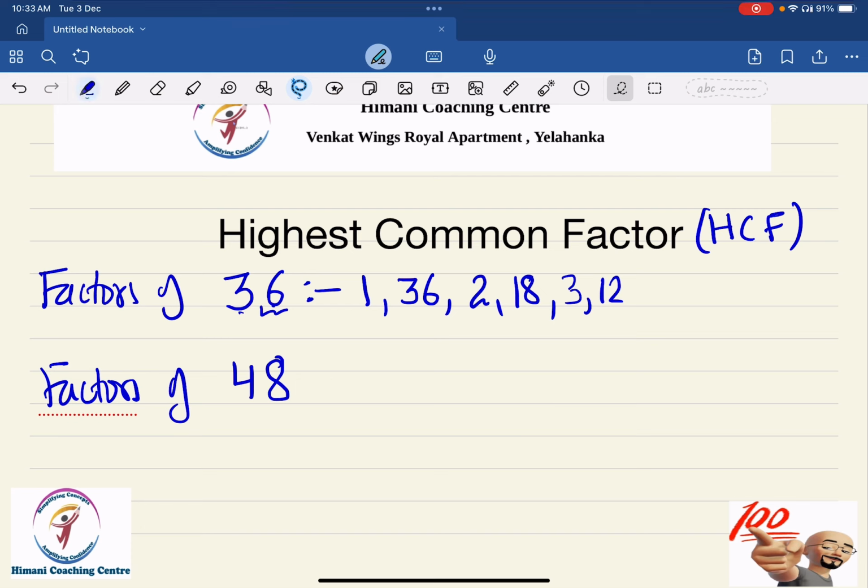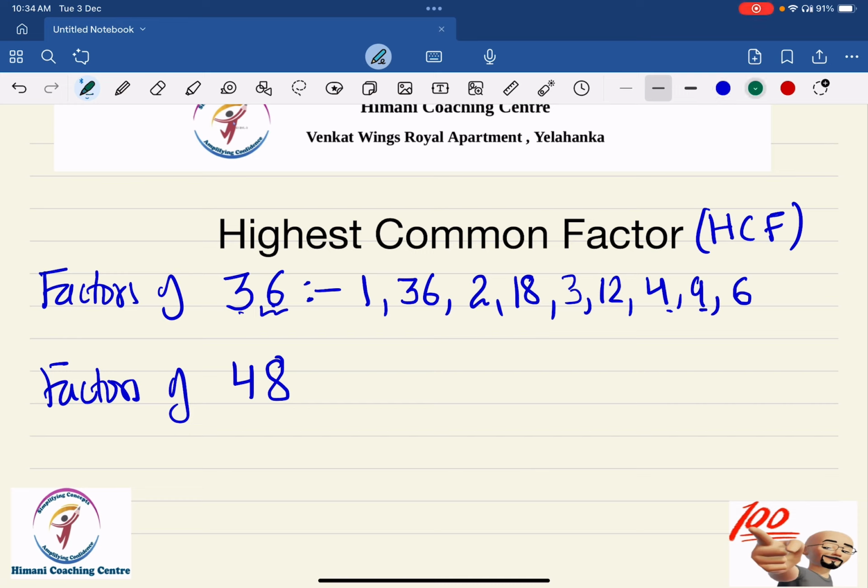Now let us go to the table of 4. 4 nines are 36. In the table of 5, 36 does not come. In the table of 6, it is 6 times 6, so we will just write 6 once. In the table of 7, it will not come. In the table of 8, it will not come. In the table of 9, it comes, but we have already noted. So that means we have written all the factors.